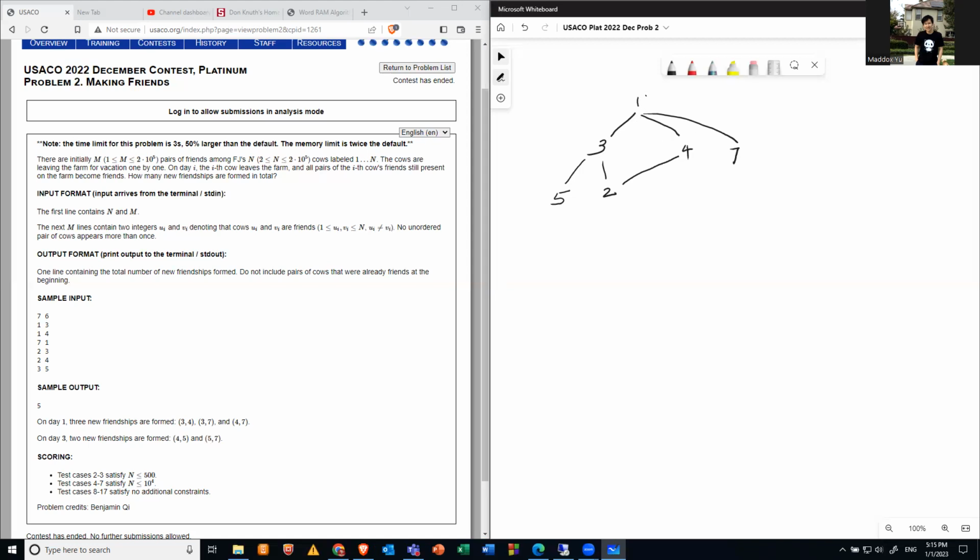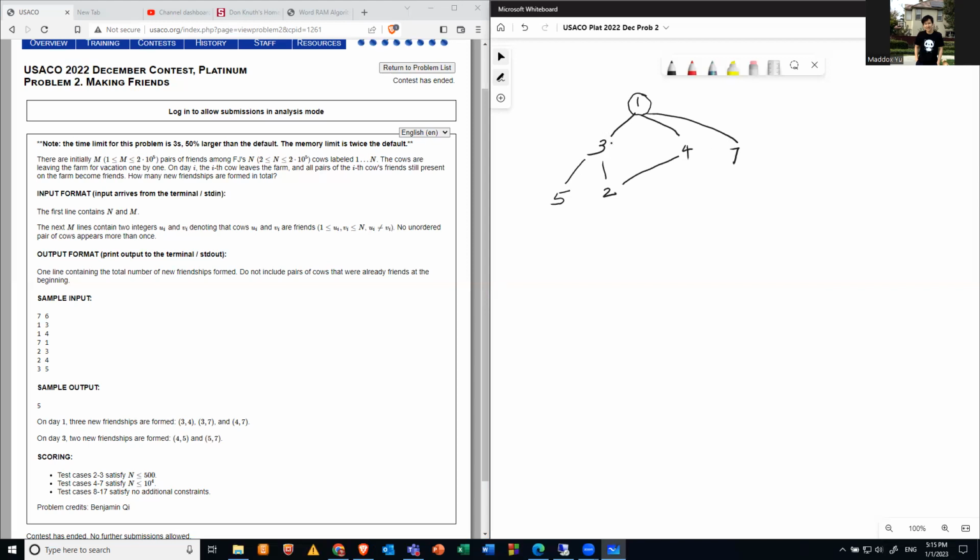So for example, if I remove this node, then all those are connected. Then 3 and 4 are connected. This is a new pair, so it's a new friend. 3 and 7 are connected. That's a new friend. 4 and 7 are connected. That's a new friend.